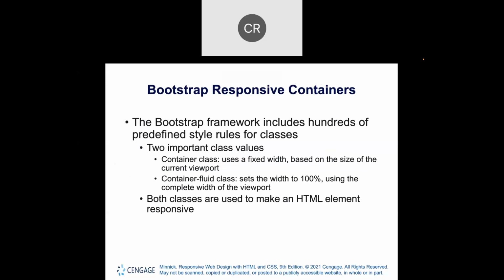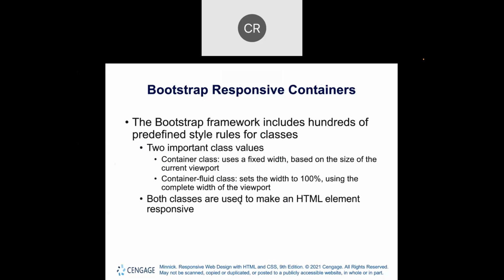It includes hundreds of predefined style rules for classes. It has the fixed width based on the size of the viewport, which you learned, and the fluid class with a width of 100%, because everything is off of a 100% width. Both classes are used to make an HTML element responsive.